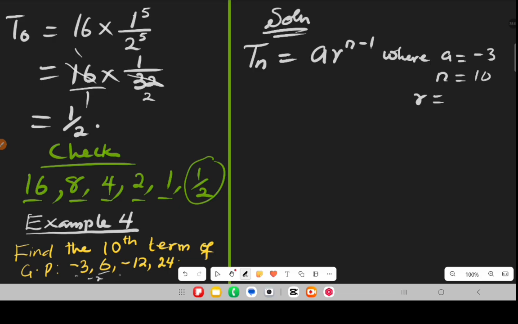Minus 12 divided by 6, we have minus 2. 24 divided by minus 12, we have minus 2. So our common ratio is minus 2.